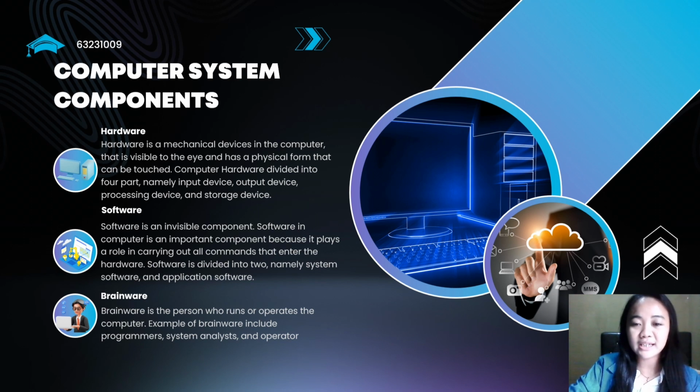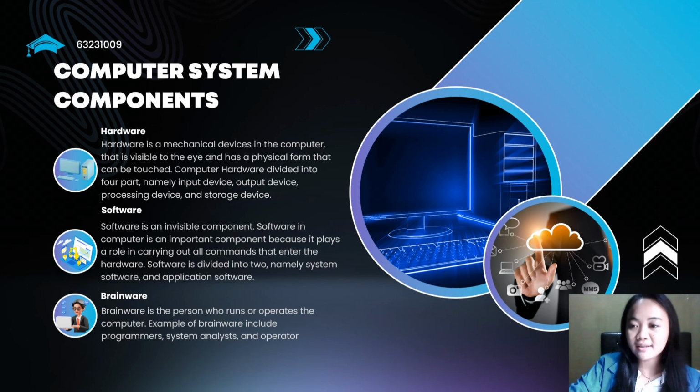Software plays a role in carrying out various kinds of interaction with a set of electronic data and organized by the computer. Software is divided into two, namely system software and application software. The third is brainware, which is the person who runs or operates the computer, because without humans the computer becomes useless, because it is not operated. Examples are programmers and system analysts.